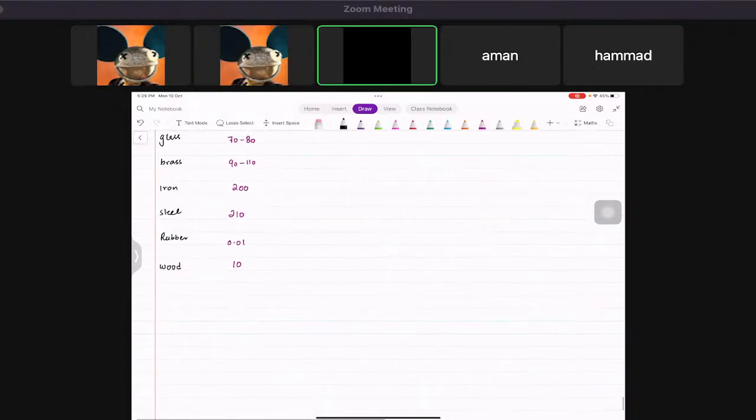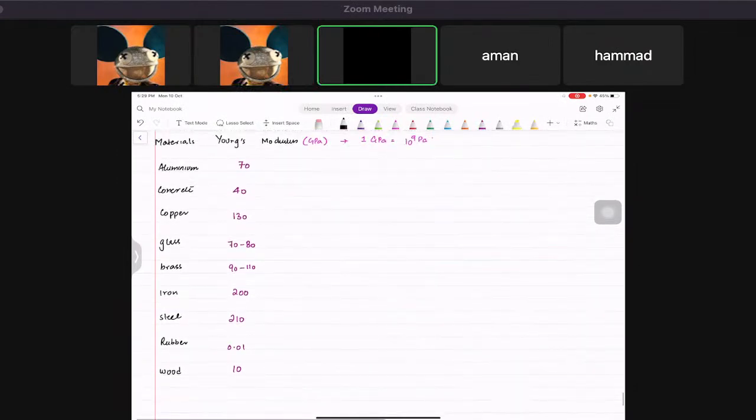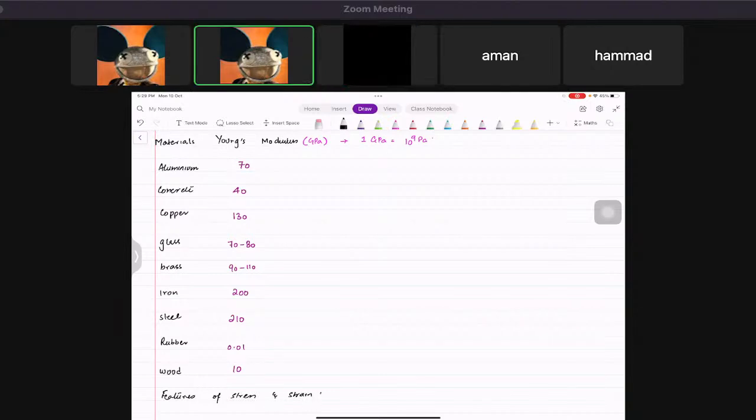Sir, what is this? These are the Young's modulus of basically the ratio of stress over strain of these materials. Okay, thank you. No problem. So if you don't remember, I guess you guys have forgotten about it.